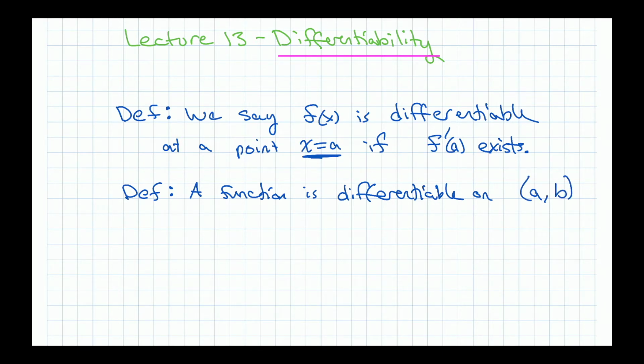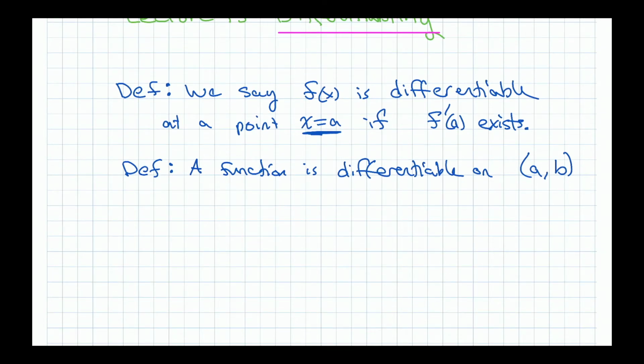It doesn't really make a difference here, but I feel more comfortable with that because if you have closed brackets, then maybe the function doesn't even exist on the other side of those brackets, and I don't want to think about that right now.